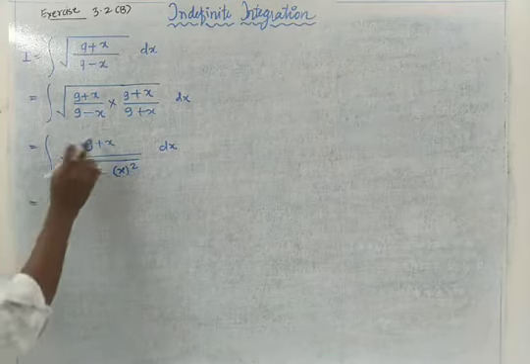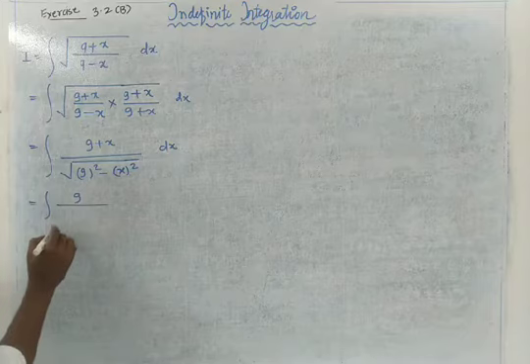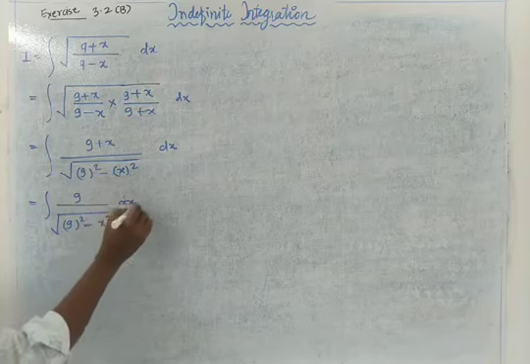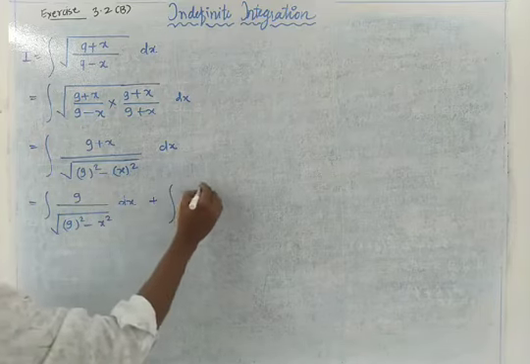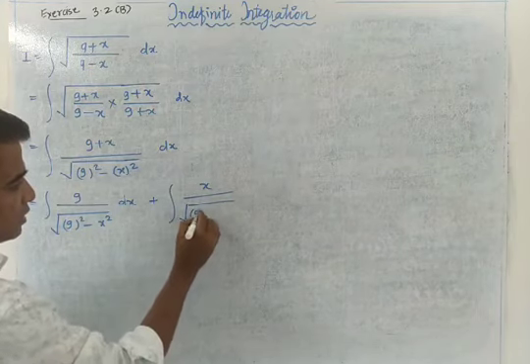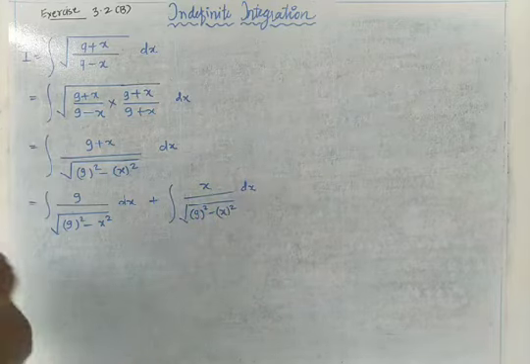Now separate the denominator. So it is integration 9 upon under root 9 square minus x square dx plus integration x upon under root 9 square minus x square dx.